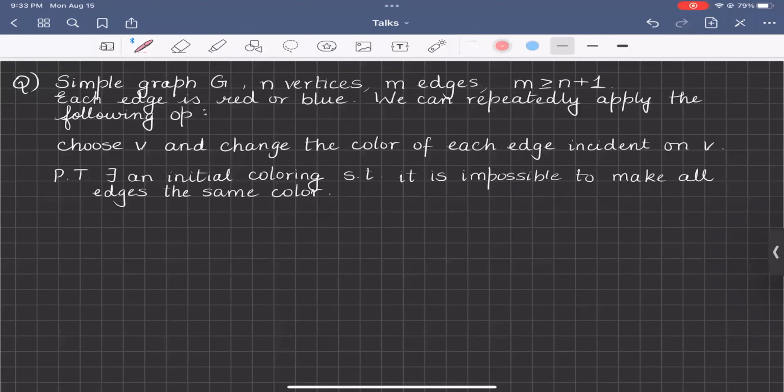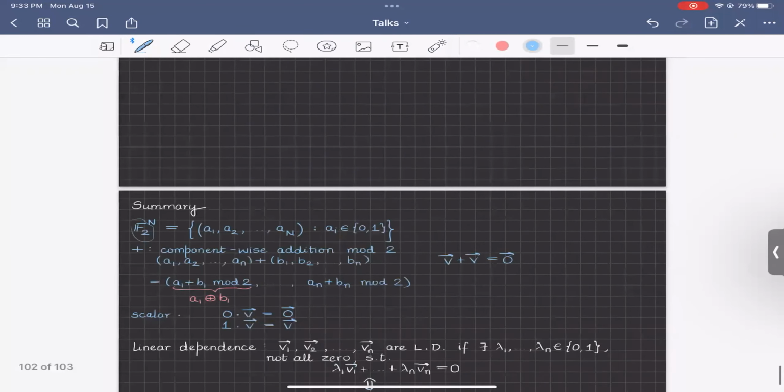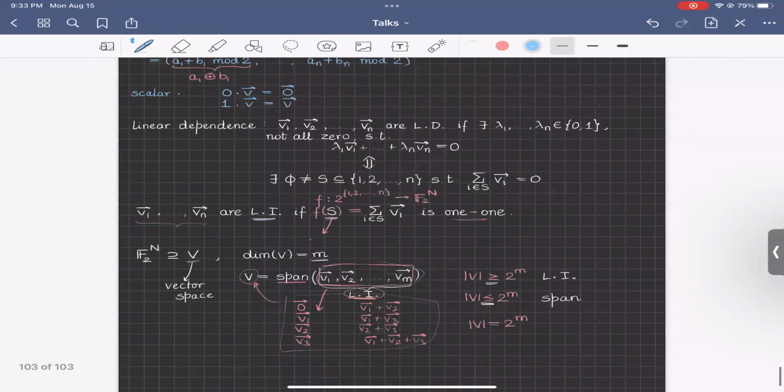Since we already know this would use linear algebra and we have this red-blue hint, the idea is to consider each edge as a bit in an M-tuple. Somewhere we want to use this whole concept that we've learned.